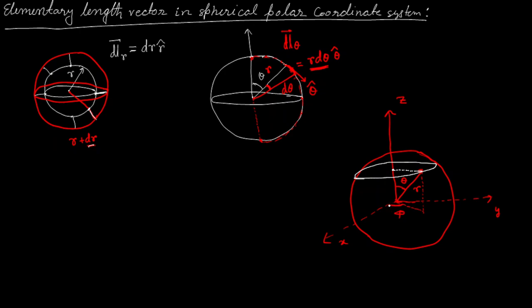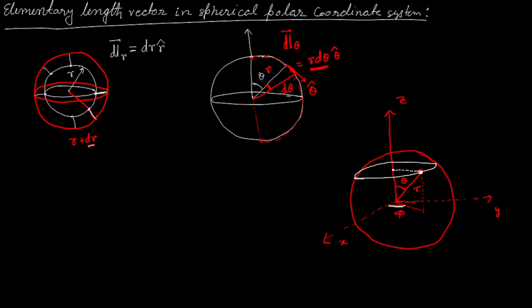Now, keeping the values of theta and r fixed, if I change the value of phi, then this point will move along this circle.